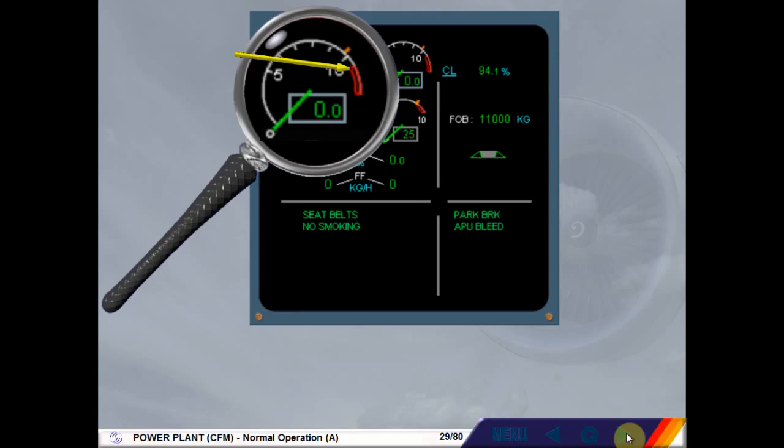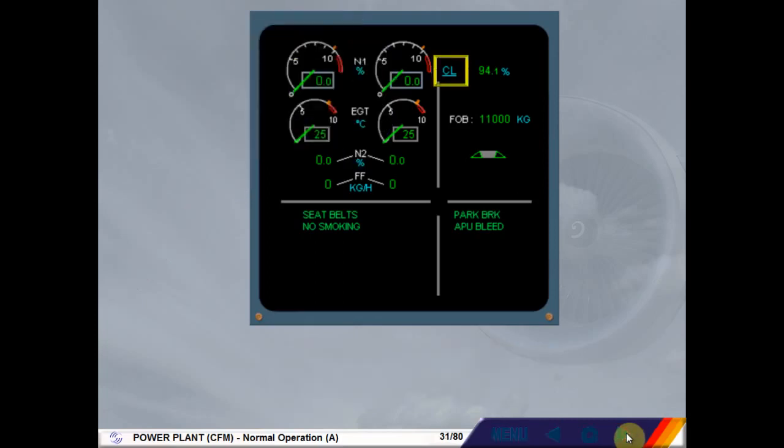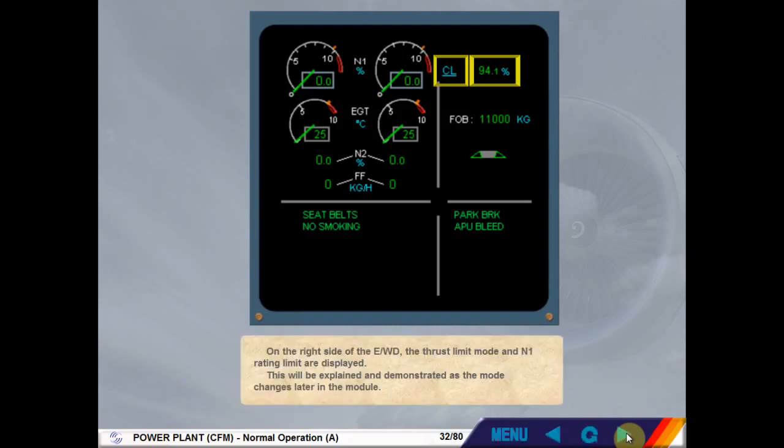The rest of the arc represents the exceedance area. On the right side of the engine warning display, the thrust limit mode and N1 rating limit are displayed. This will be explained and demonstrated as the mode changes later in the module.